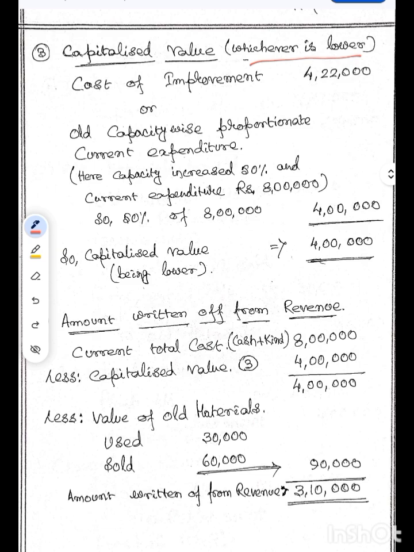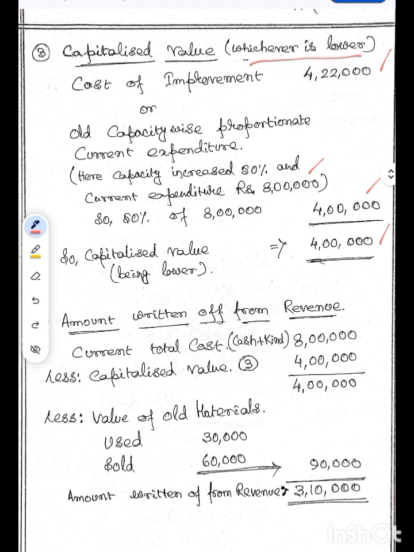Cost of improvement is 4,22,000, and the old capacity-wise proportionate current expenditure: our total expenditure was 8 lakhs, already shown in our calculation, and since the capacity has been doubled, 50% of 8 lakhs is 4 lakhs. So out of these two we consider the lower amount, that means 4 lakhs is our capitalized value.